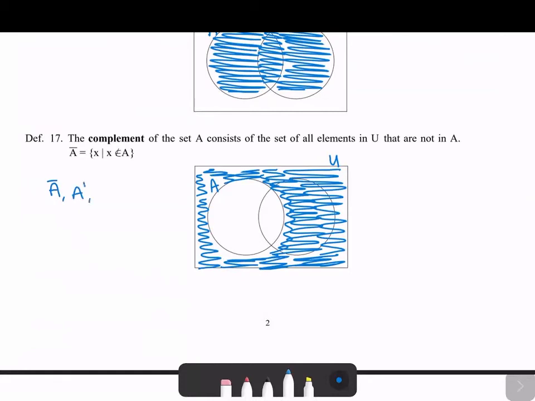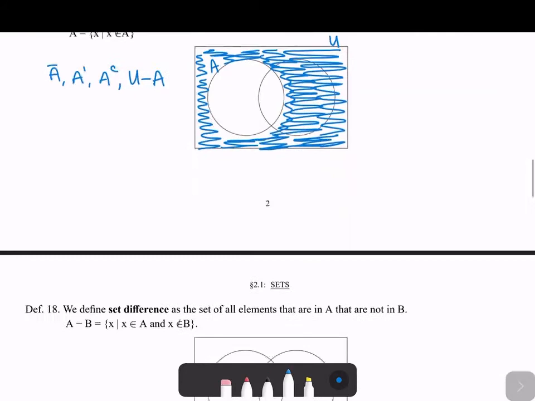A prime for A. Some people do it as A with a little c to denote complement, or some people write it as the universal set minus everything in A. So it depends on who's writing whatever you're reading, how they denote it. But mostly for this course, we'll write it with the bar on top. But just be aware of those different things.